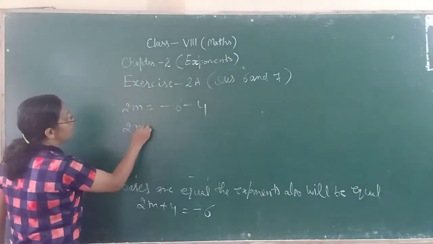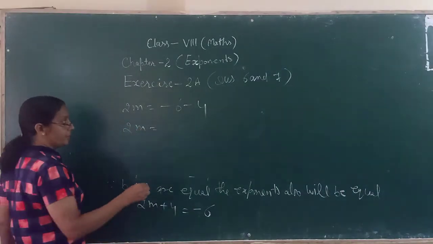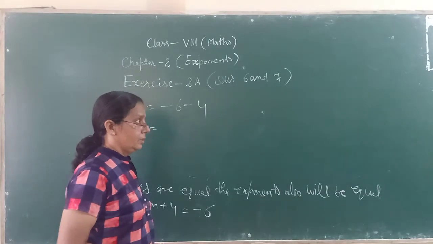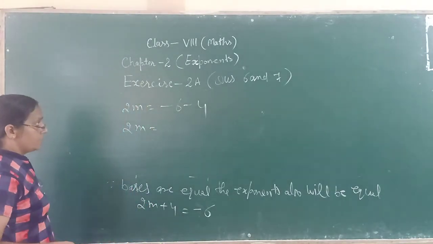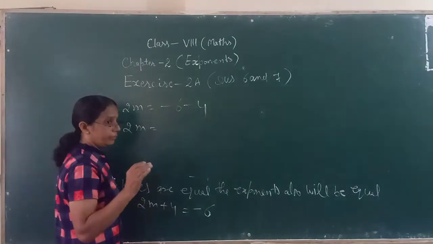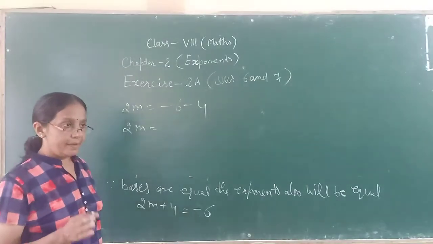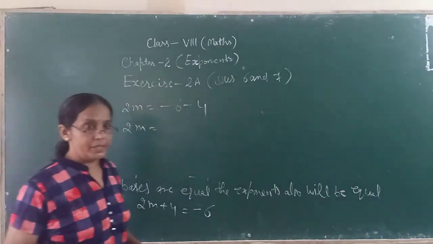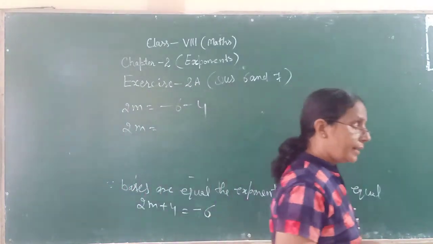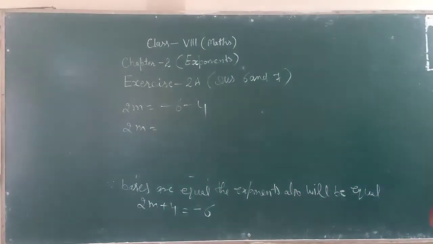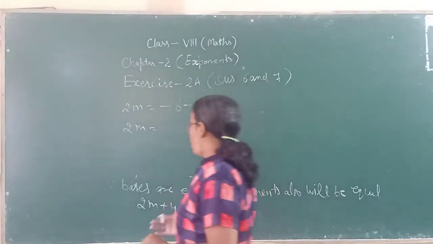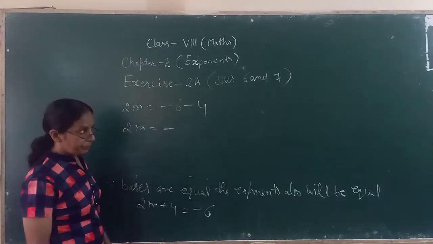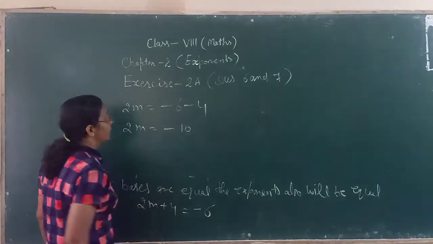As I told you in the previous class about integers with the same sign, both are negative here. When we have integers of the same sign, we always add, but the sign will come common. This is the rule: we add them, but the sign of the answer will be the common one. Common means both have a minus sign, so minus will come, and 6 plus 4 will become 10.